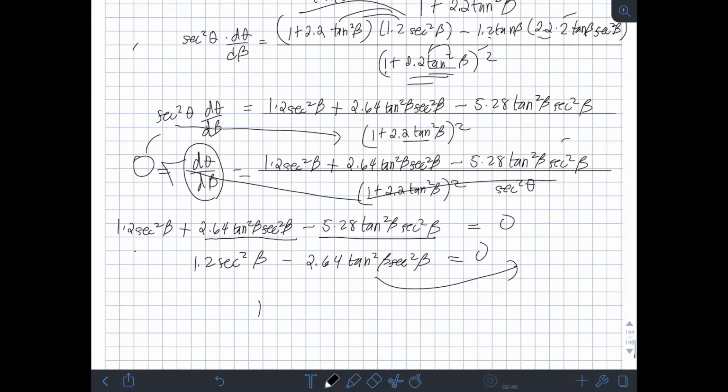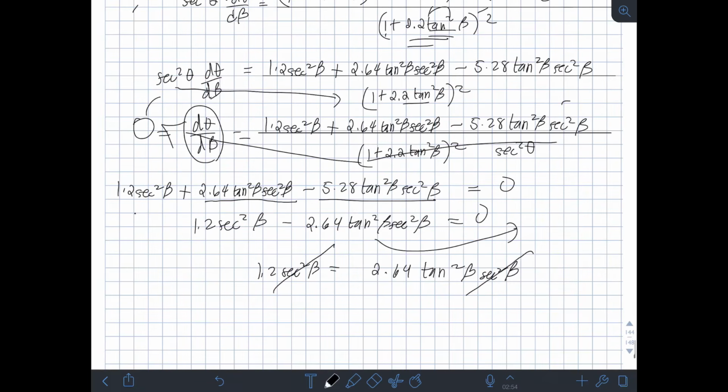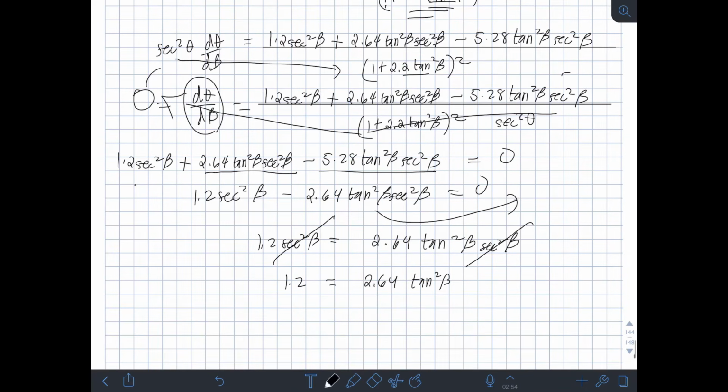Transpose. So, 1.2 secant squared beta is equal to positive 2.64 tan squared beta secant squared beta. Cancel si secant squared beta such that 1.2 is equal to 2.64 tan squared beta. Tapos, divide both sides by 2.64.